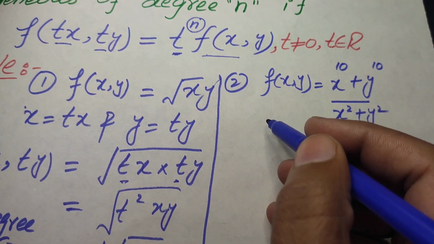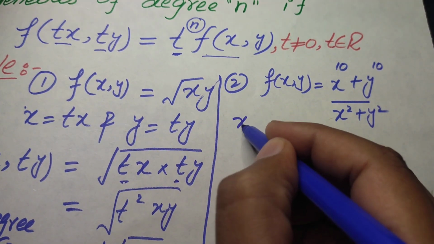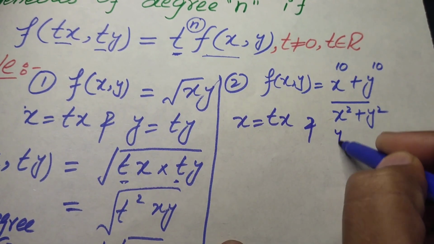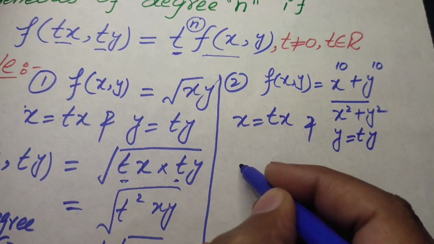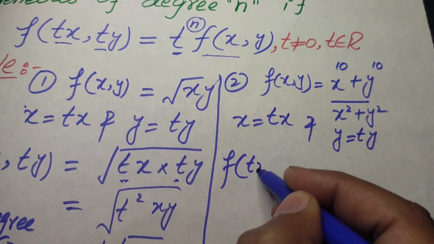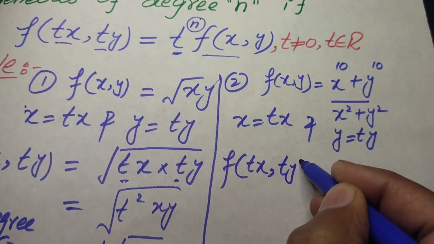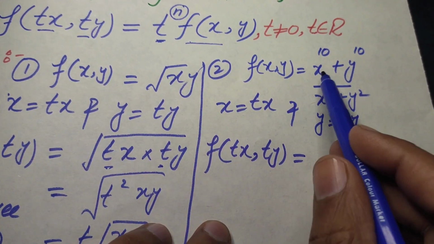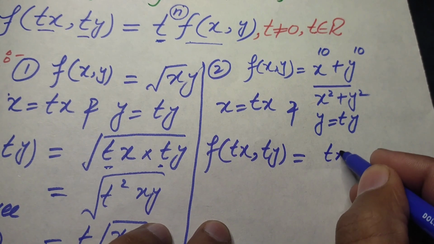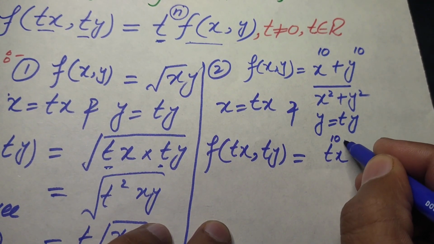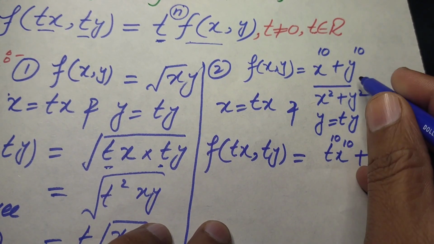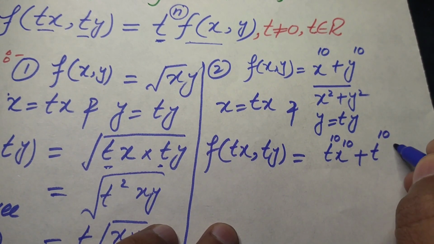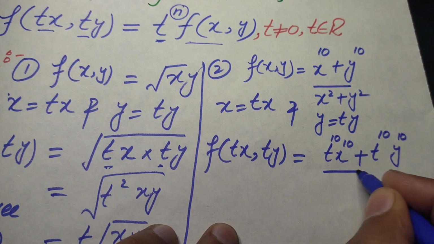First we will replace x by tx and y by ty, and we will get f(tx, ty) is equal to, when we put tx for x, then it becomes t^10 x^10, and when we replace y by ty, we get t^10 y^10.